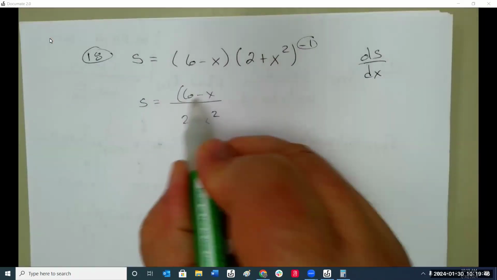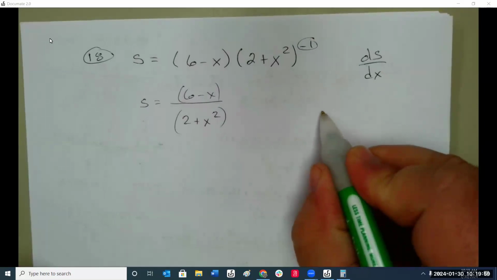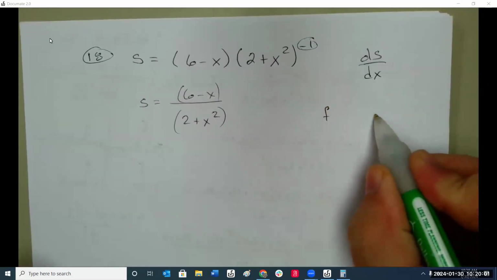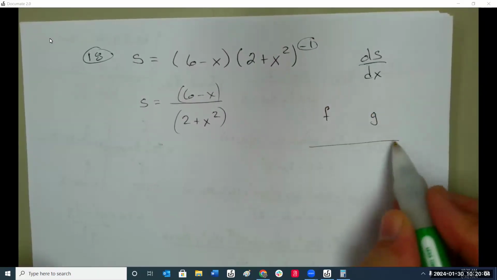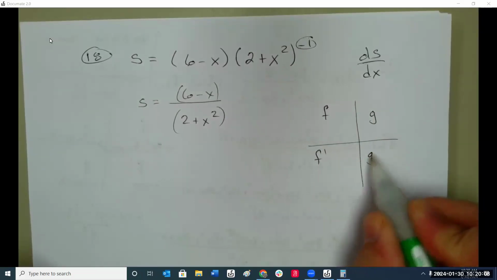Because I think the quotient rule here would make it much easier for us. Because if we did the other way, we have to use the product rule, the chain rule, and that's just many rules at one time. This one, we have F, G, F prime, G prime.